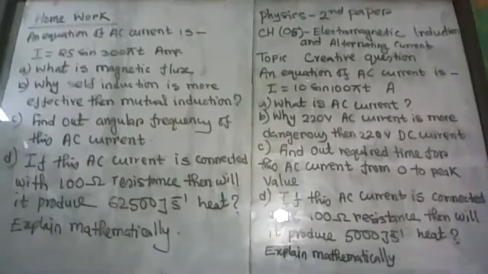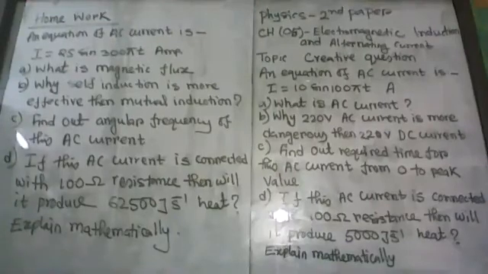Now, boys and girls, this is your homework. I'm just going to read out this homework so that you can solve this math at your home. An equation of AC current is I equal to 25 sine 300 pi t ampere. On the basis of this, we are going to solve the following questions.